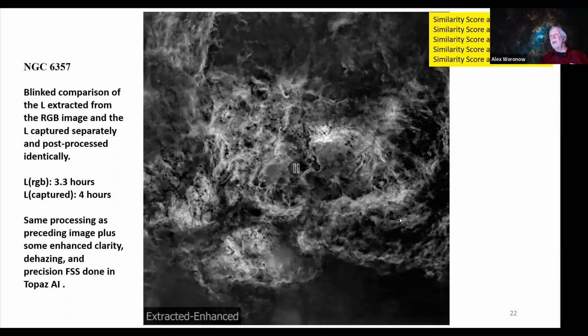This image has been enhanced by wavelets, enhanced clarity, dehaze, and what have you, with a few things done in Topaz AI. Again, the images are being compared, but this time I have some quantitative scores to present. A high score means that they compare very favorably. A low score means that there's very little comparison.